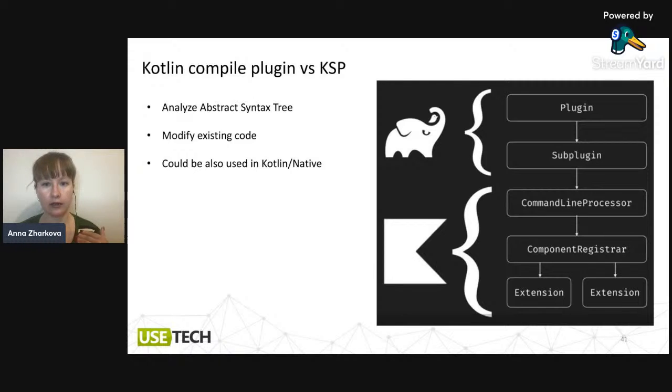The next one is the component register. This is the part of your code that will be used to register your extensions, and the extensions are the main part where you will modify your existing code.